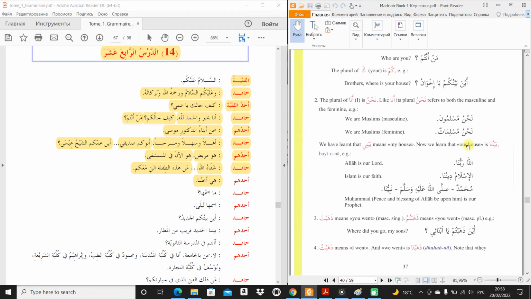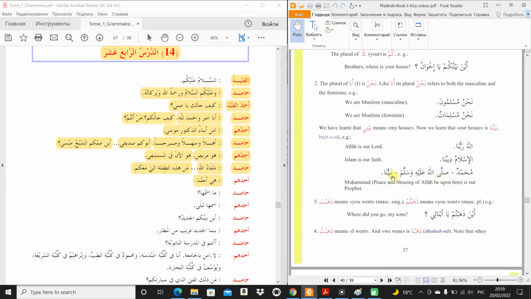And if you want to say our, we have to add this na, this possessive pronoun, in the end. Allahu Rabbuna, Allah, our Lord. Al-Islamu dinuna, Al-Islam is our religion.